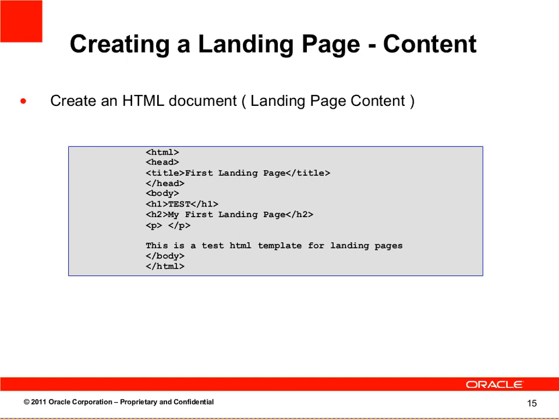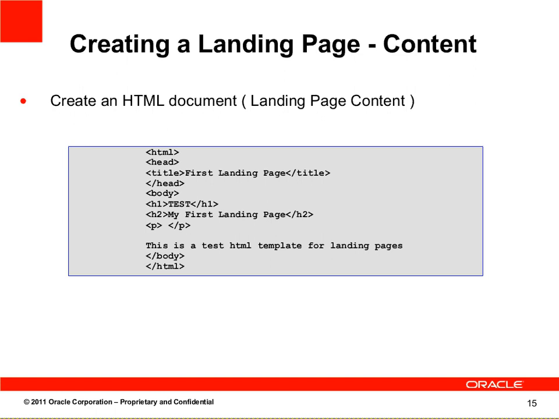Let's start by creating the content. As you can see, this is a very simple HTML document which will be used as our landing page content. It only has one H1 header, one H2 header, one line, and that's it.